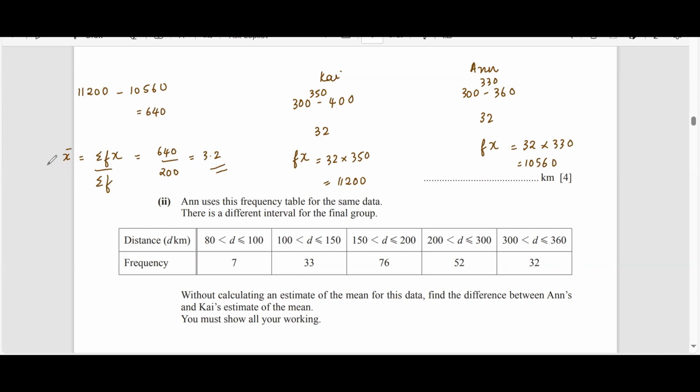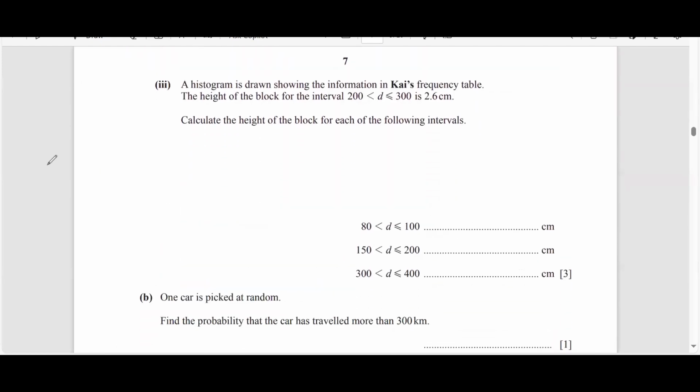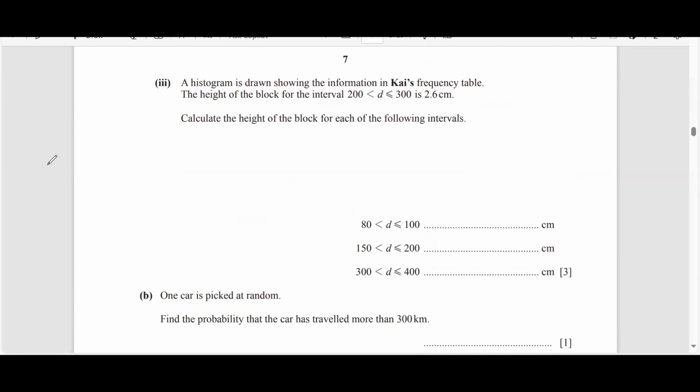Let's move on to the next one here. A histogram is shown, drawn from the information in Kai's frequency table. The height of the block for the interval 200 to 300 is 2.6 centimeters. So if we go back to what we studied about histograms, the y-axis is always frequency density, and we know the formula: frequency density is equal to frequency divided by class width.